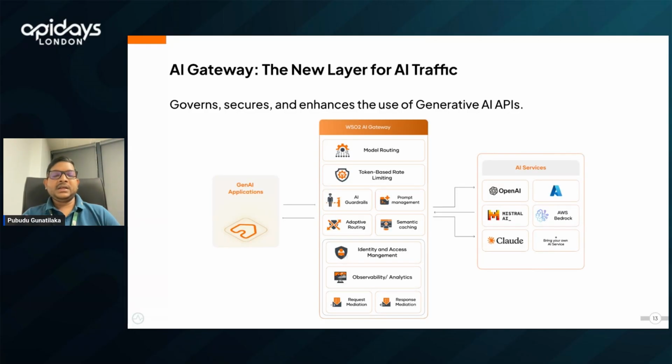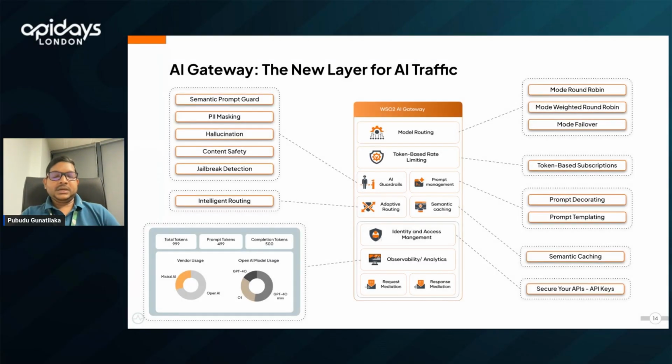This is the AI gateway: you have your Gen AI application, then you have your AI services, and in between you have the AI gateway, which adds value to your Gen AI applications and makes your lives easy.